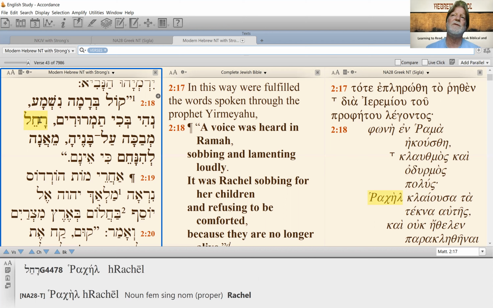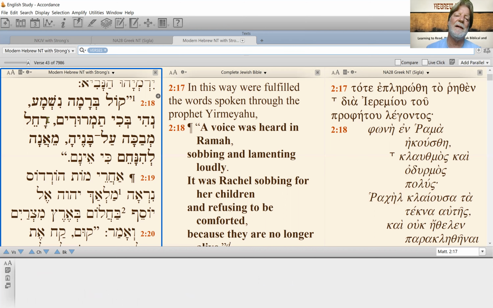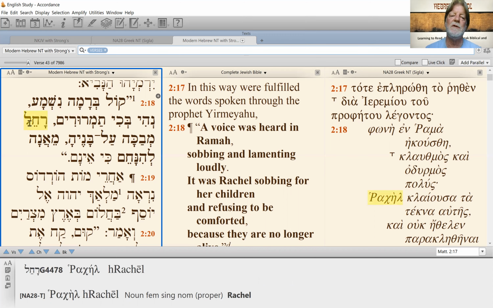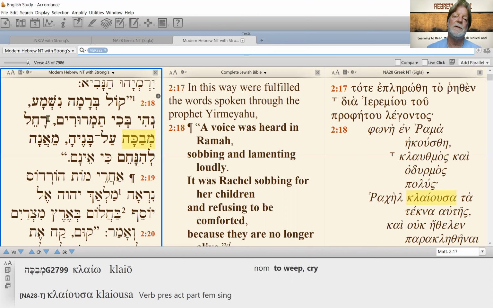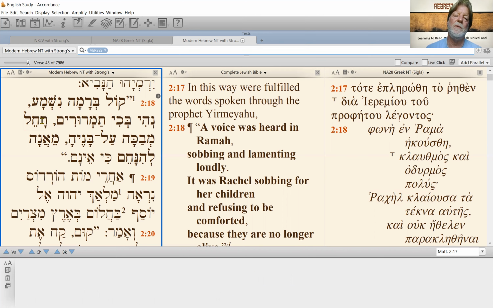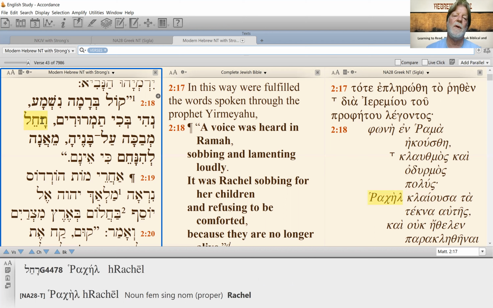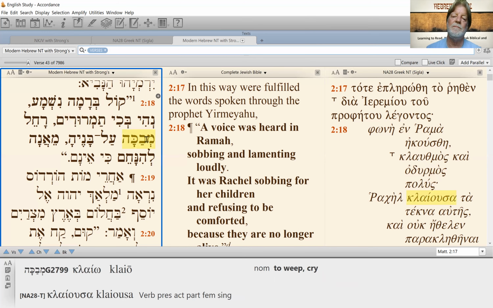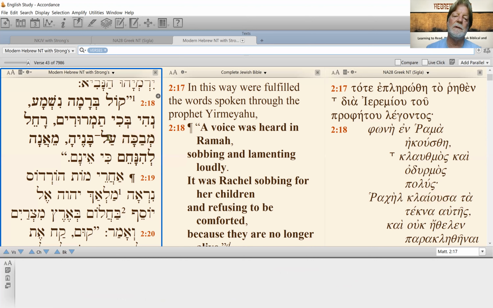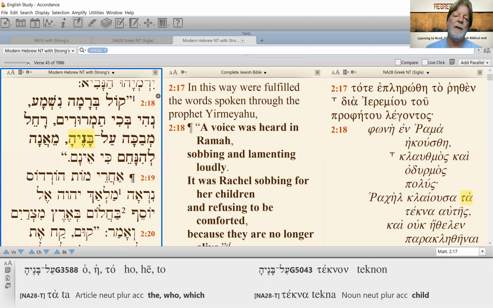It's actually like Raquel Welch, who used to be an actress. Maybe she's still acting, I don't know if she's alive or not, but Raquel is the Hebrew pronunciation of Rachel. So her name was actually not Rachel, but Rachel. Mevaka, crying, al, concerning or about, baneha, her children.